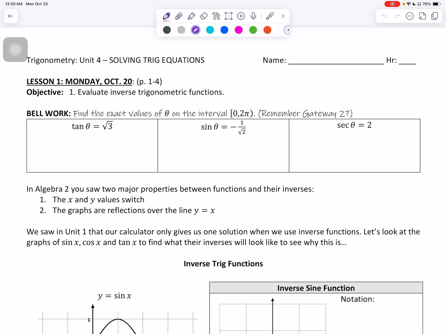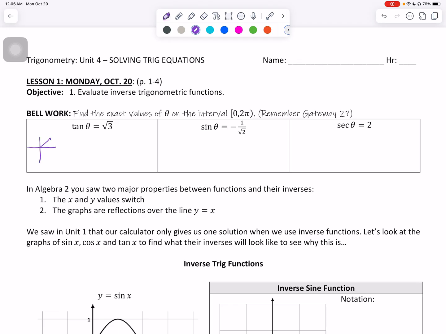In the first one here in the bell work, I know you can do this yourself, but you'd have to pause the video right now. So let's just do this together. Tangent theta equals square root of 3, and we're finding this on the interval of 0 to 2 pi.